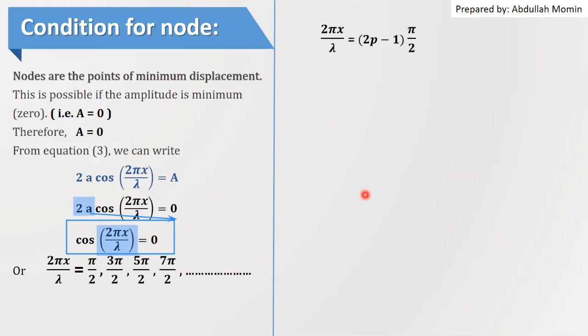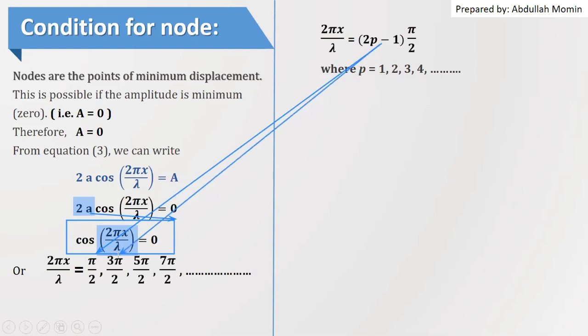Now we are going to write the general equation for this series. If we put the value of P as 1, 2 into 1, 2 minus 1, 1, so we will get pi by 2. When we put the value of P as 2, we will get 3 pi by 2.